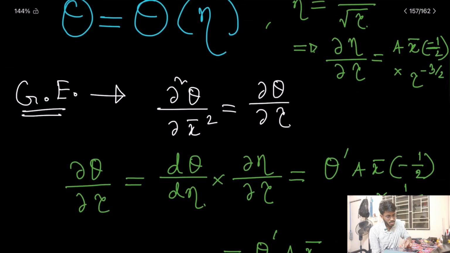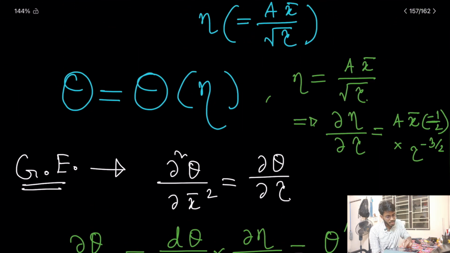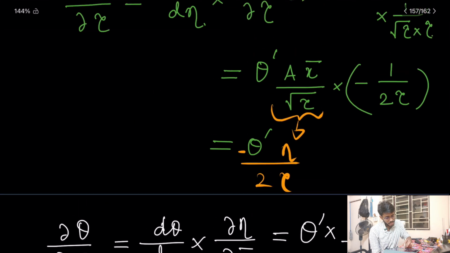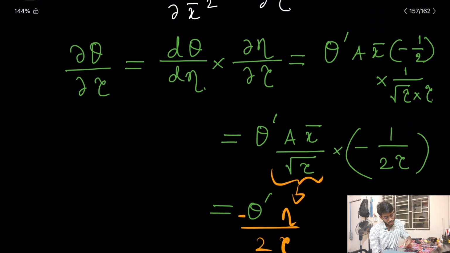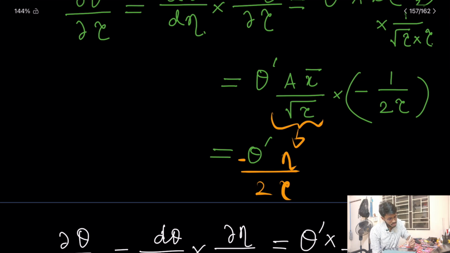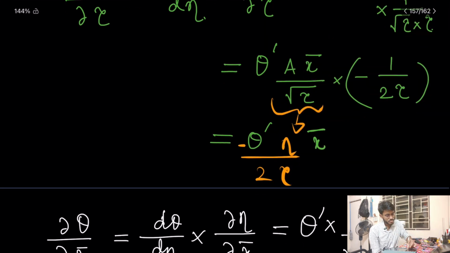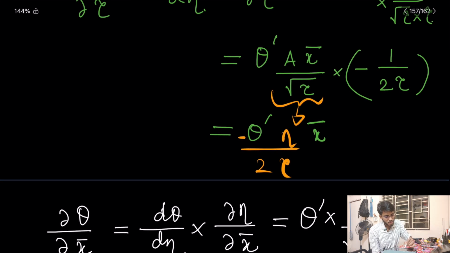Now root tau is what? It is eta by a x naught. So I think I am making some mistake. Okay, here there should be one x bar also. No, there should not be any x bar.